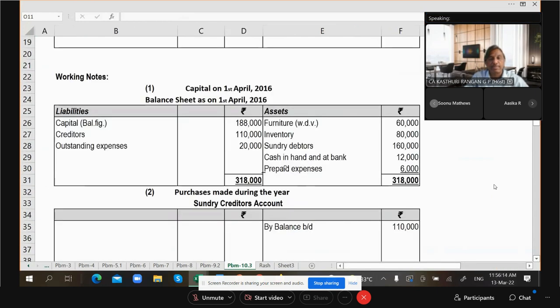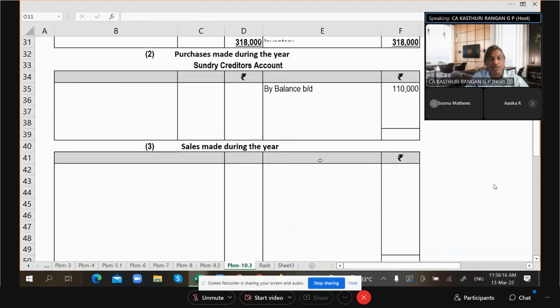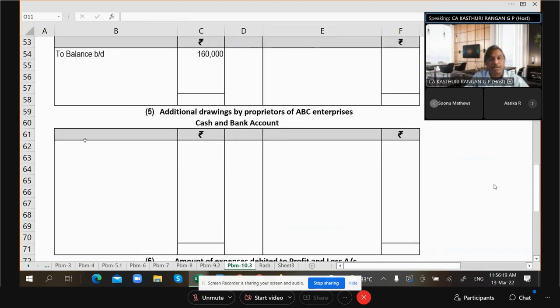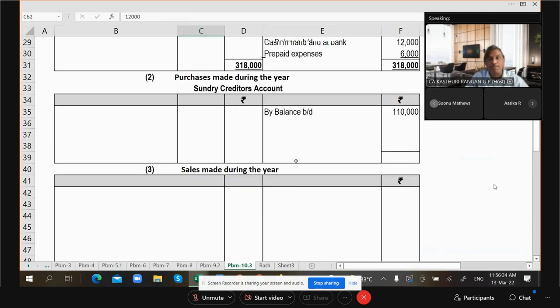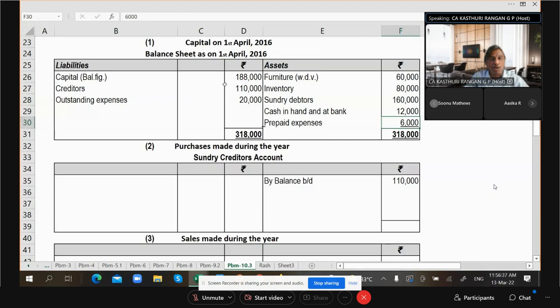Then cash in hand and at bank. In the cash in hand and bank account, to balance, 12,000. Then prepaid expense, 6,000. Outstanding expense, 20,000. Outstanding expense is liability. You have to put it on the credit side, credit balance.